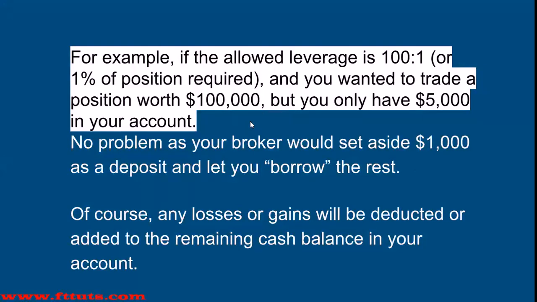So you would only need $1,000 to control $100,000 worth of a currency. That means that you have 100 times the buying power. So if you have a $1,000 account, that's basically the perfect amount to buy 100,000 units.